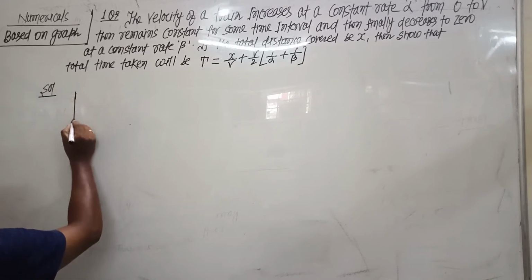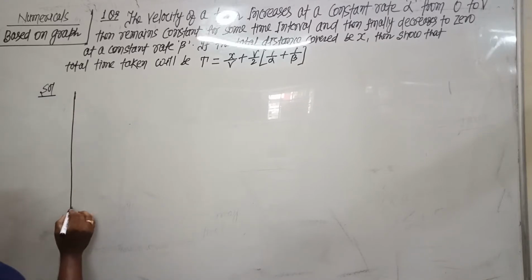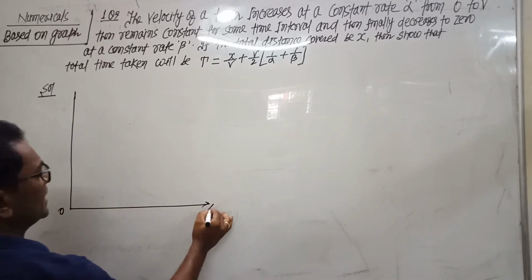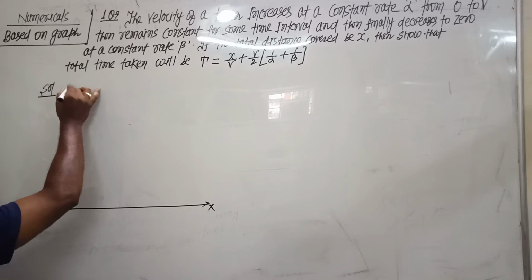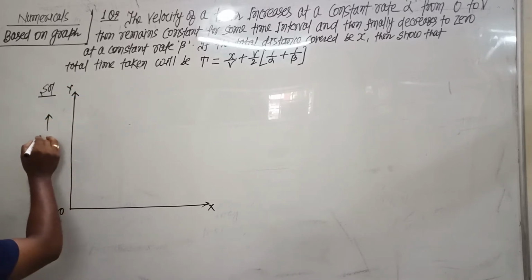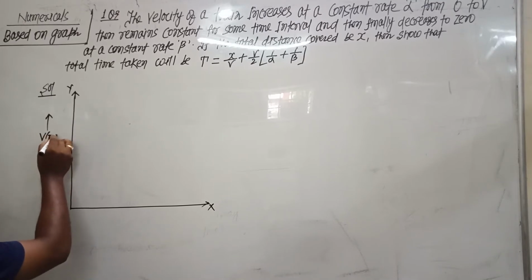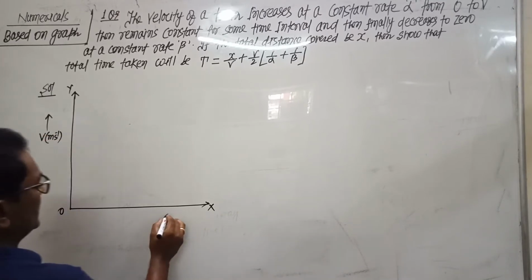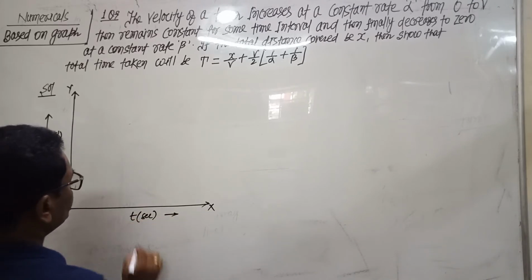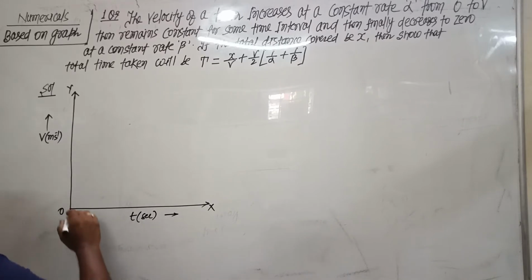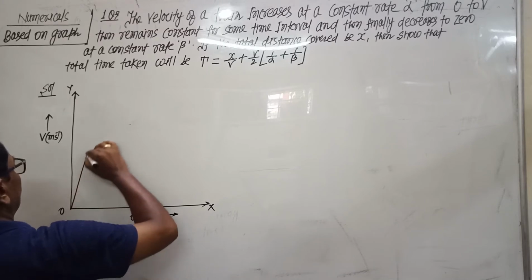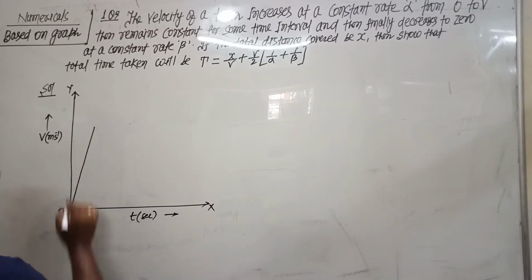This is the velocity time graph. Time on x-axis and velocity on y-axis. Velocity in meter per second and time in second. So the train increases from 0 to v at a constant rate alpha.